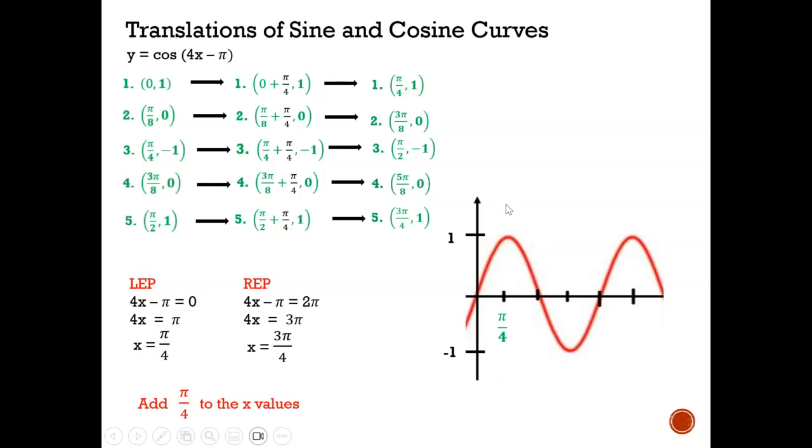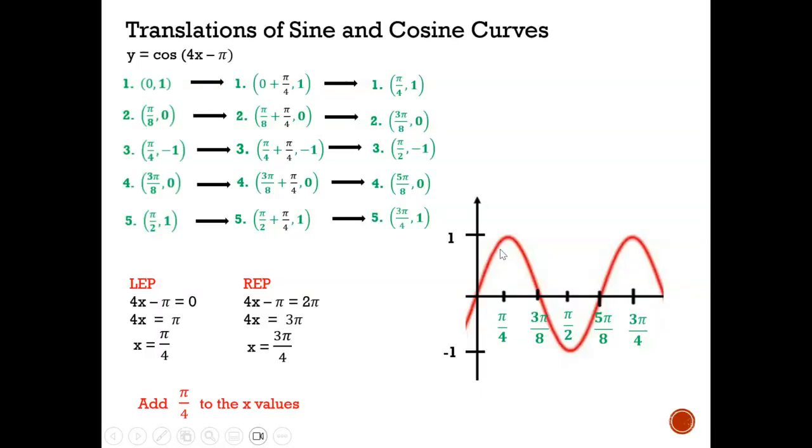And my first point, the graph is going to be cut from here, pi over 4, to here, the 3 pi over 4. There's my pi over 4, 3 pi over 8, pi over 2. Then comes my 5 pi over 8 and my 3 pi over 4. Again, the graph will be cut from the pi over 4 to the 3 pi over 4. That's going to be one period.